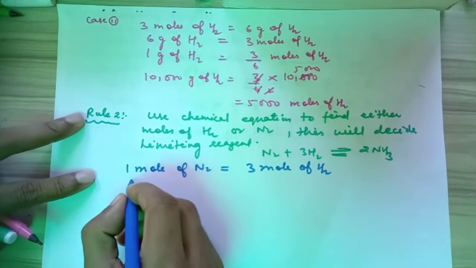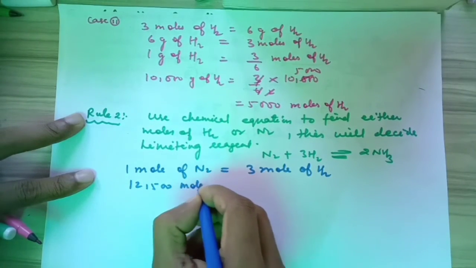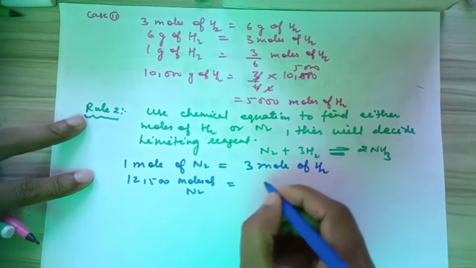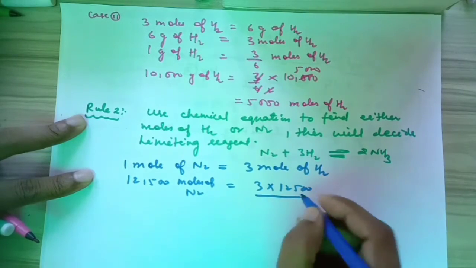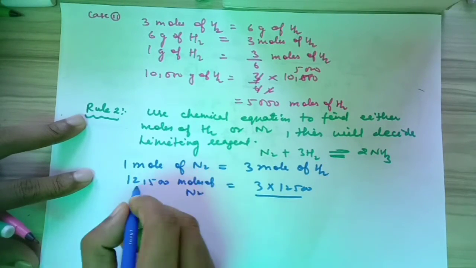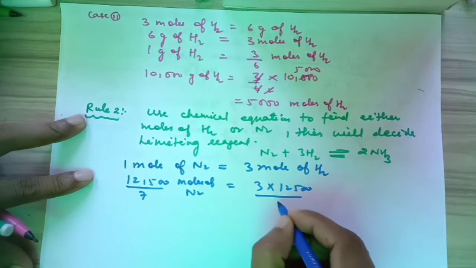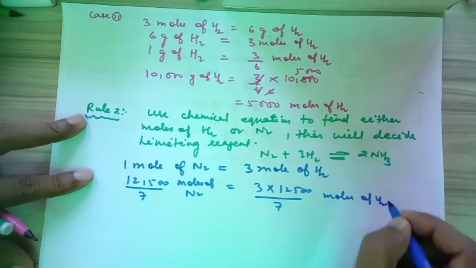So we can say that 12,500 by 7 moles of N2 will give 3 into 12,500 by 7 moles of H2.